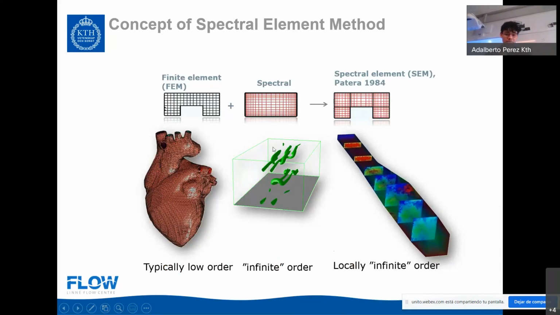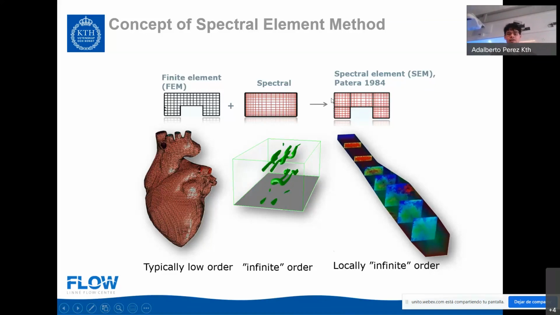On the other hand, we have the spectral methods, which are typically considered an infinite order discretization. The more points you add, the higher the order you get of the discretization. But then you are limited to very simple geometries. Here we have a cube or a rectangle in 3D, that sort of geometries.